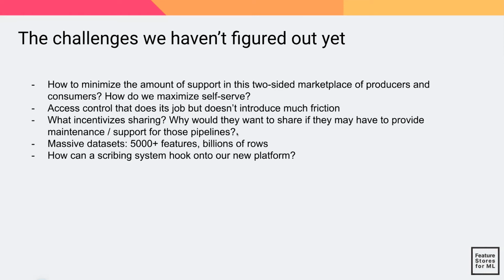If you're on a product team and your OKRs are tied to just improving the performance of a certain recommendation system, why do you want to have these pipelines of your data available for sharing if you have to provide support and maintain them?